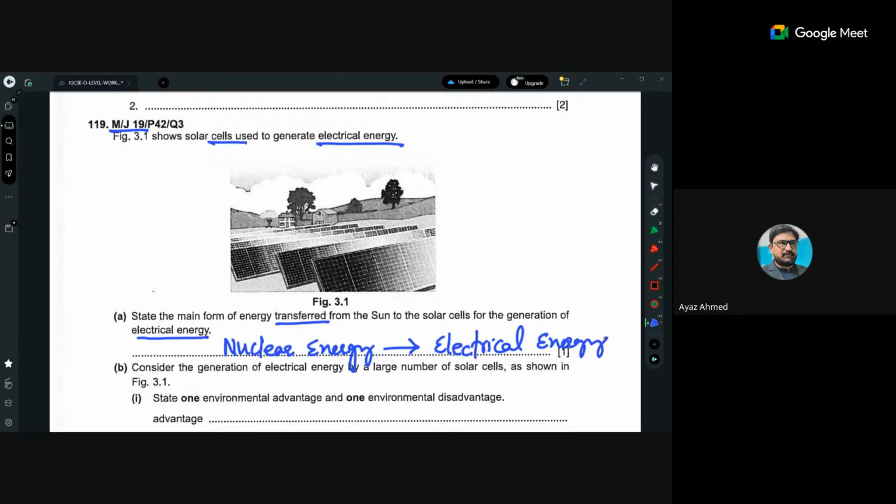Yes, nuclear energy of the sun, because in the sun, nuclear fusion takes place. The hydrogen and helium are getting fused together, and due to that we have radiations, which are electromagnetic radiations.